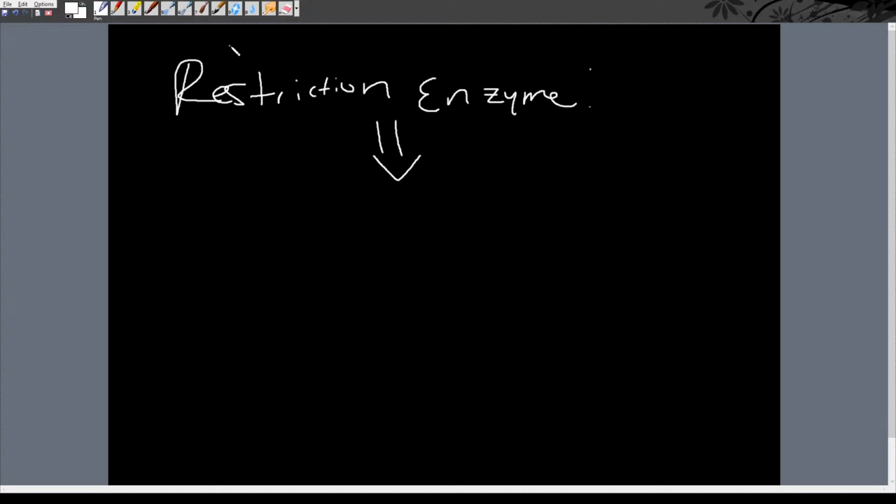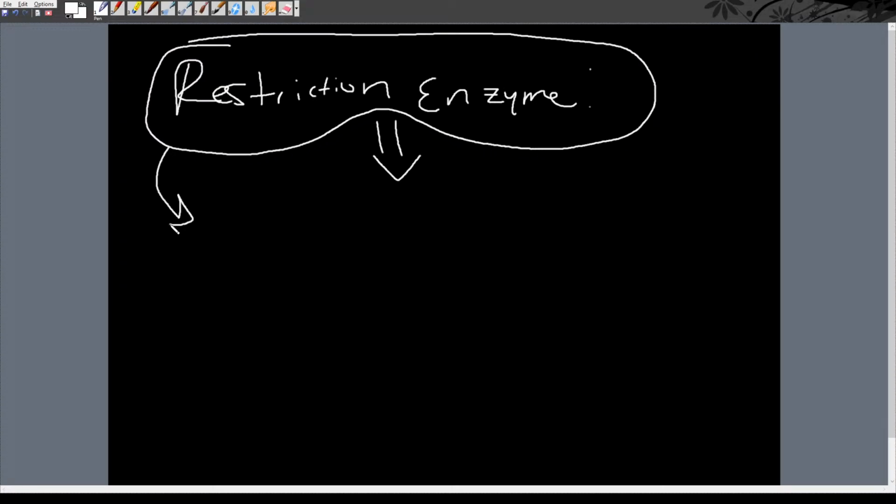So think about this holistically, right? We're saying a restriction enzyme, so it's going to be restricted to a certain sequence, right? It's just going to be restricted pretty much to a specific sequence of DNA.